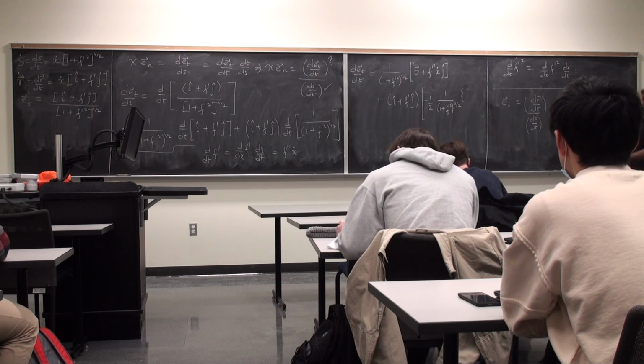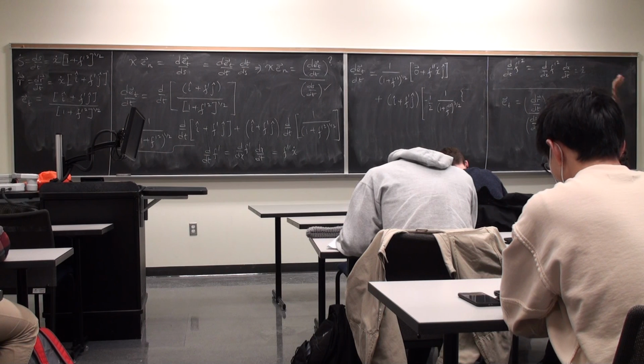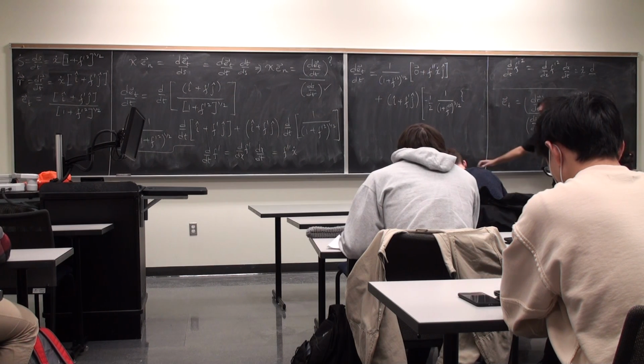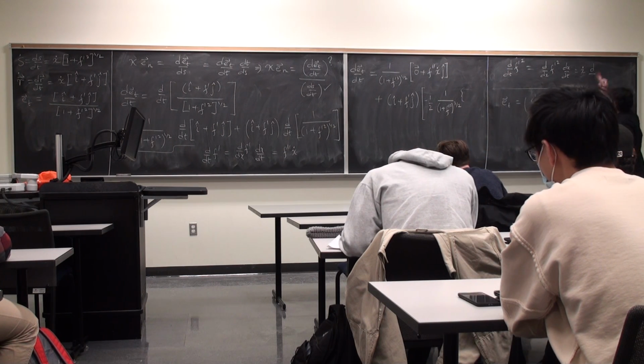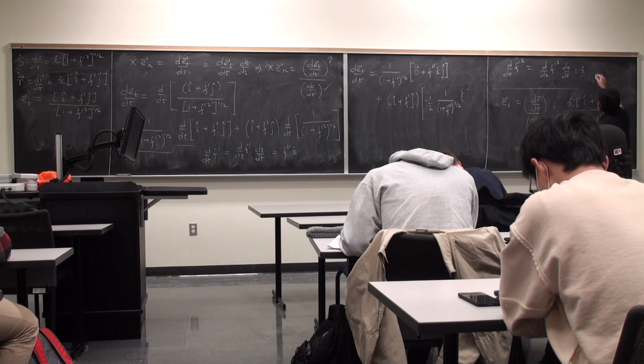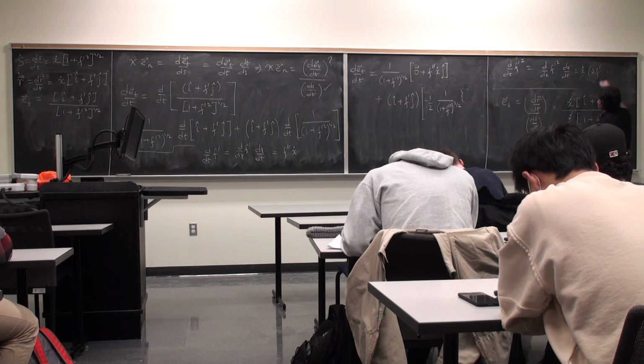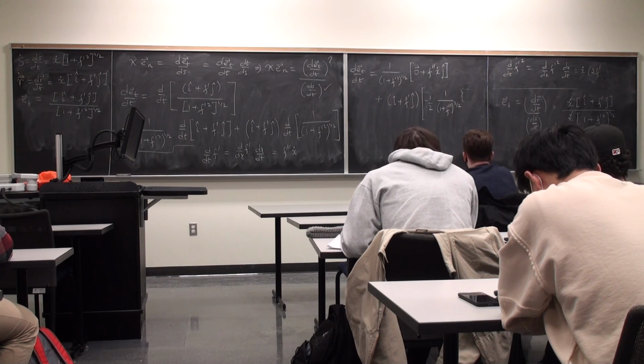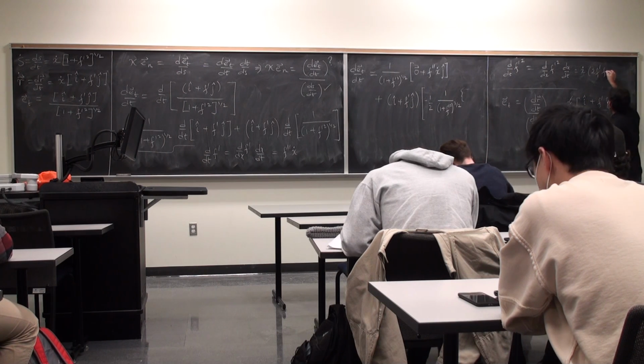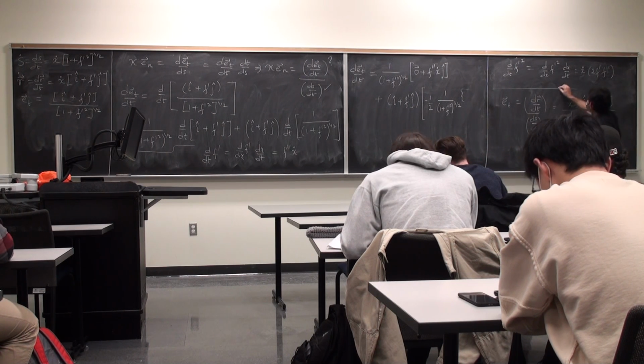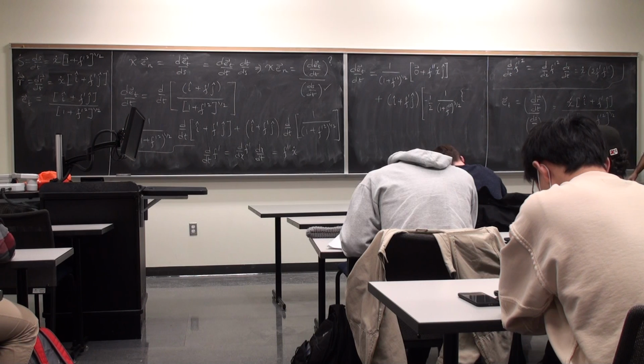Chain rule once again, so this is x dot, then d by dx of f prime square is first of all 2 times f prime times the differentiation of f prime with respect to x, or f double prime. Is everybody clear with this one?